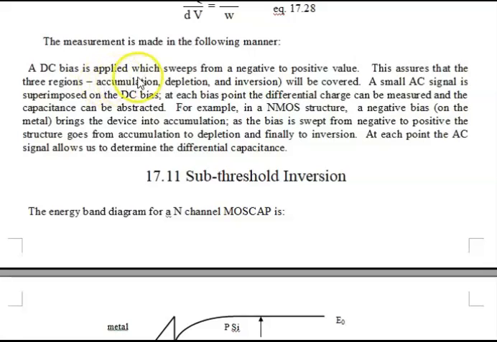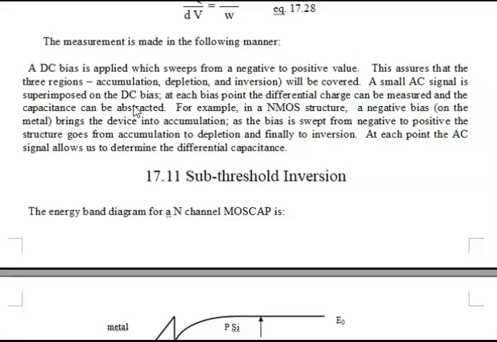We apply a DC bias, which sweeps. We go from accumulation to depletion to inversion. So it sweeps all of the different areas, and then we apply a small AC signal. We wiggle the voltage a little bit. We superimpose it on this DC bias. So, for example, if we're in depletion, we apply a little bit of AC bias, and we see how the depletion region changes, how it reacts to this little bit of bias.